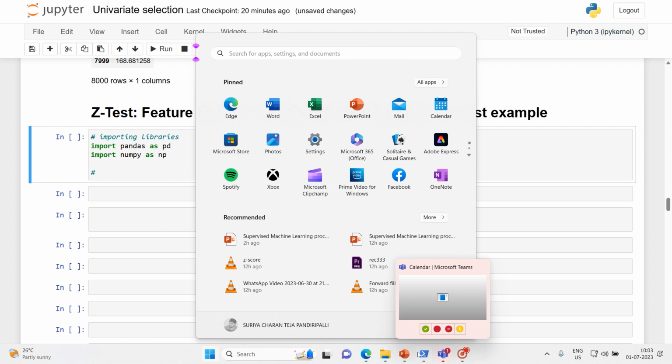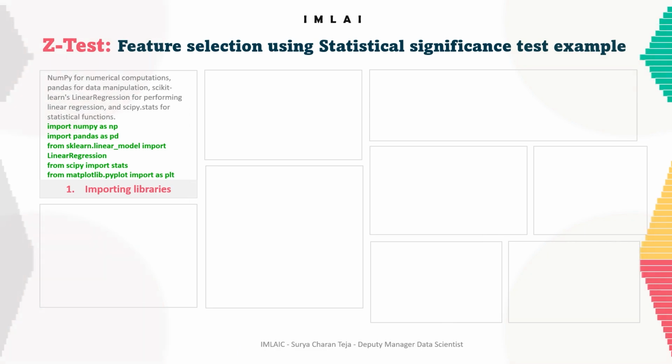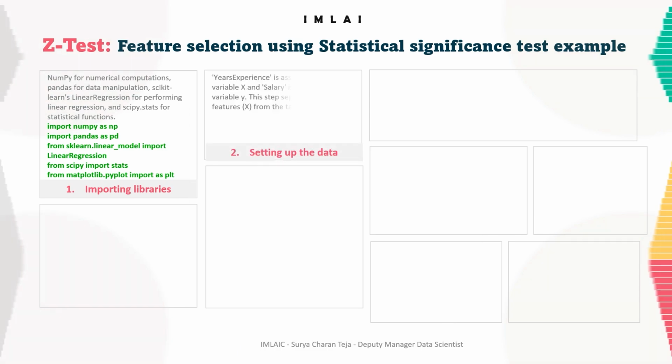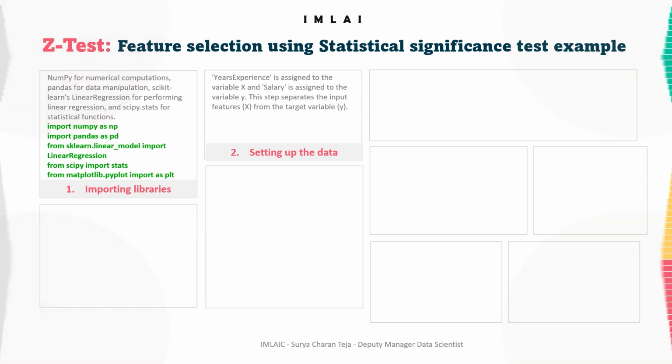Let's get back to the slide one more time. The second step for us is setting up the data. Setting up the data is nothing but loading the data, and after that assigning the respective columns to the x variable and y. It's like labeling which is the dependent variable and which is the independent variable.